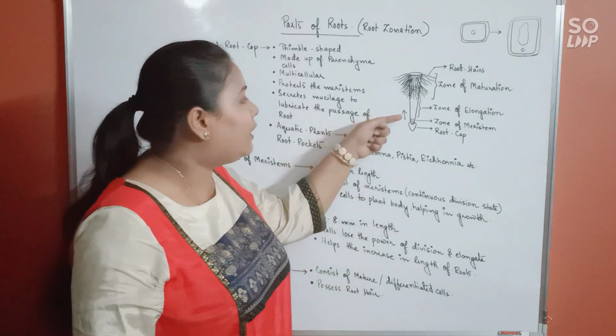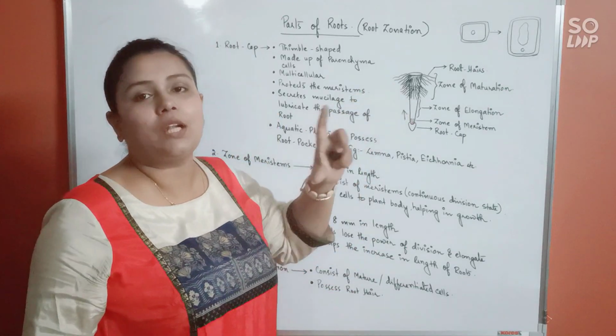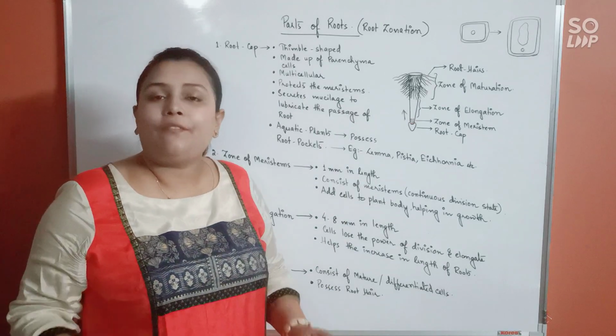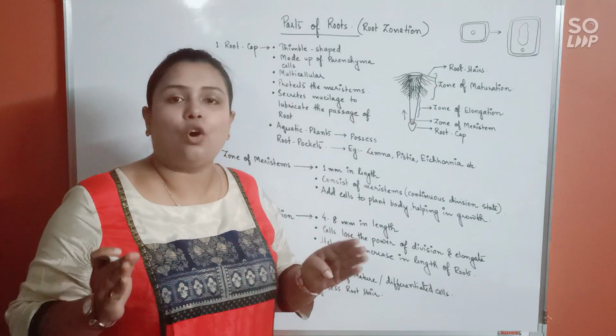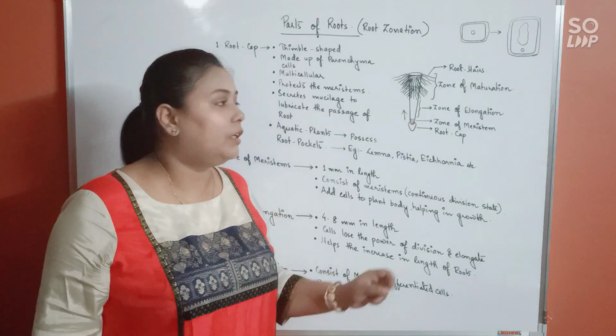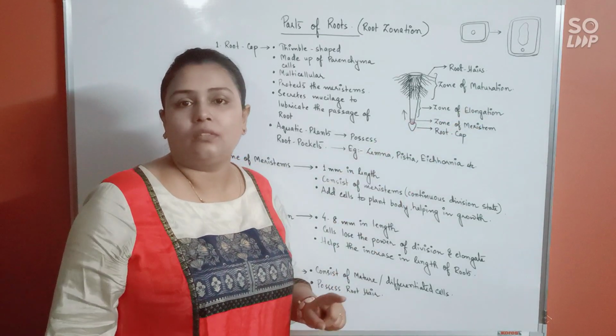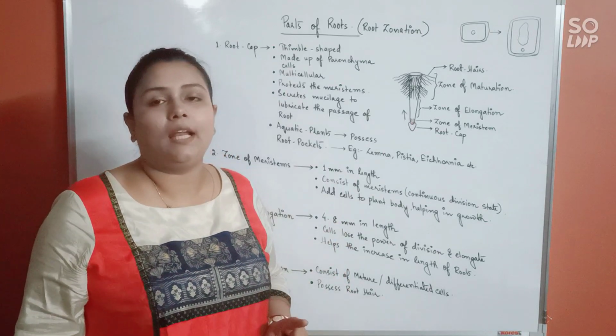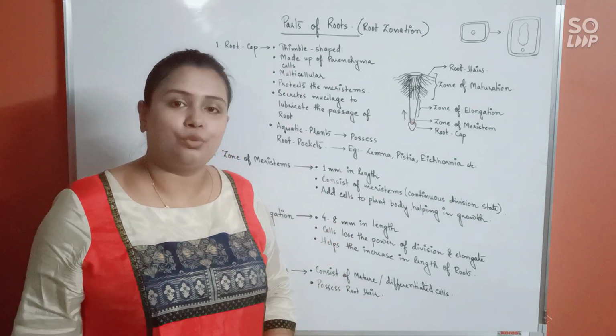Along with that, this part of the root will also start to elongate. So if it is asked which zone of the root allows the increase in length, your answer will be the zone of elongation. It's the zone of elongation that allows increase in length of the roots.